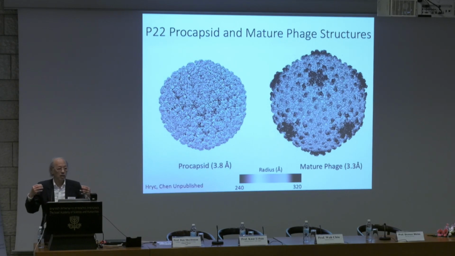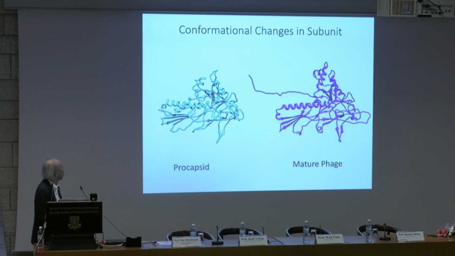The resolution is good enough that we can extract each of the asymmetric units from the procapsid and build the model. So here is the model shown for the procapsid in cyan, and you can see the topology of the polypeptide is very, very similar, but the detail is different. One obvious difference is this N-terminus.